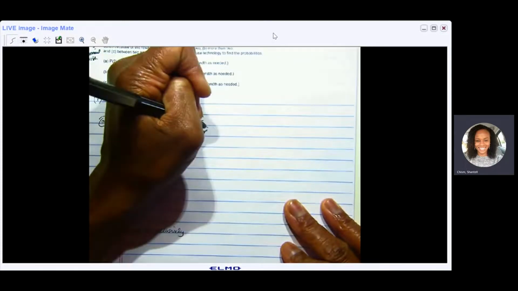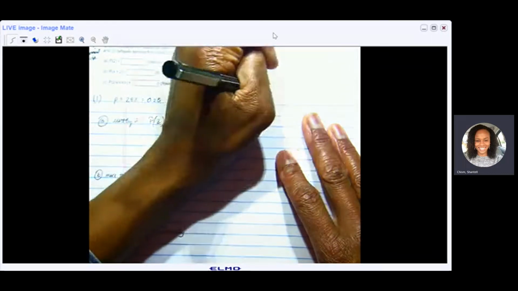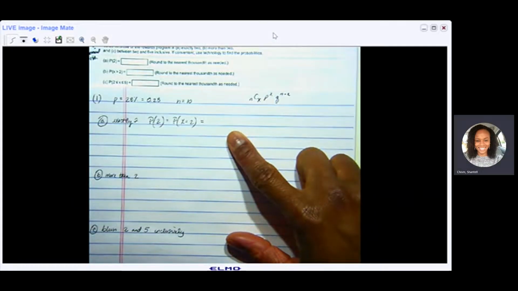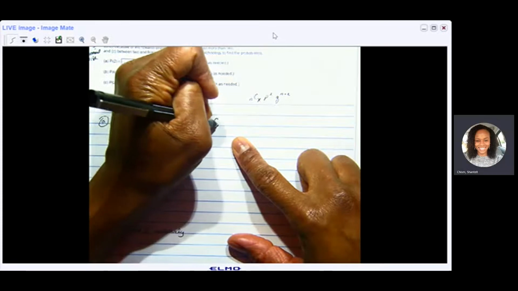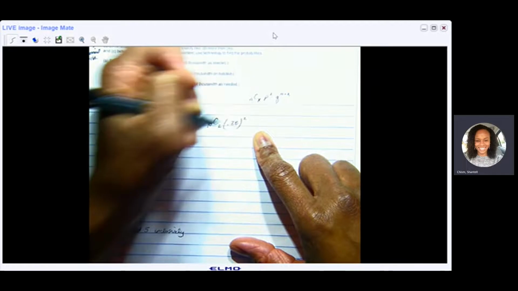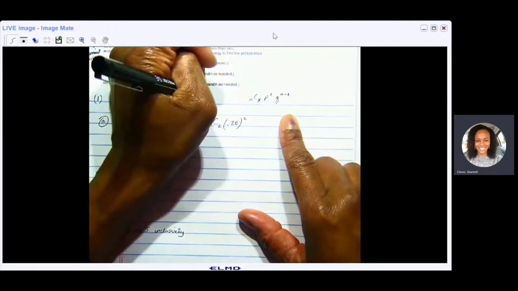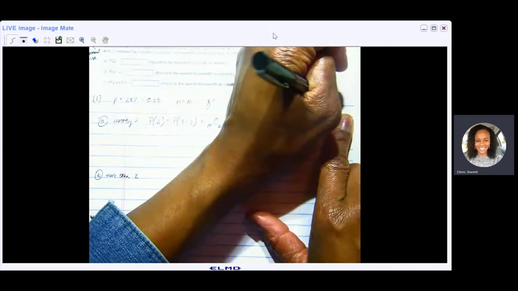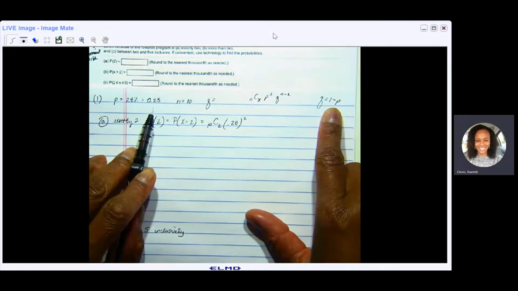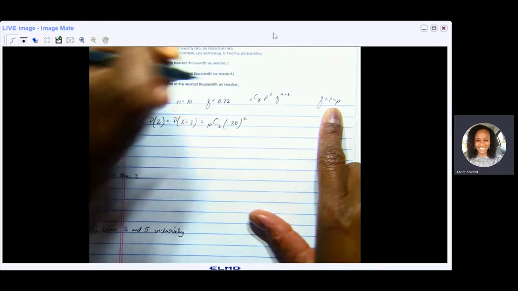Using the formula, you would have, remember, it's nCr or nCx, P to the X, Q to the N minus X. That's the formula. So in this case, it would be 10 choose 2, 0.28 to the second, because it's P to the X. And then Q, remember Q is 1 minus P. So if P is 0.28, then Q would be 1 minus 0.28, which would be 0.72.